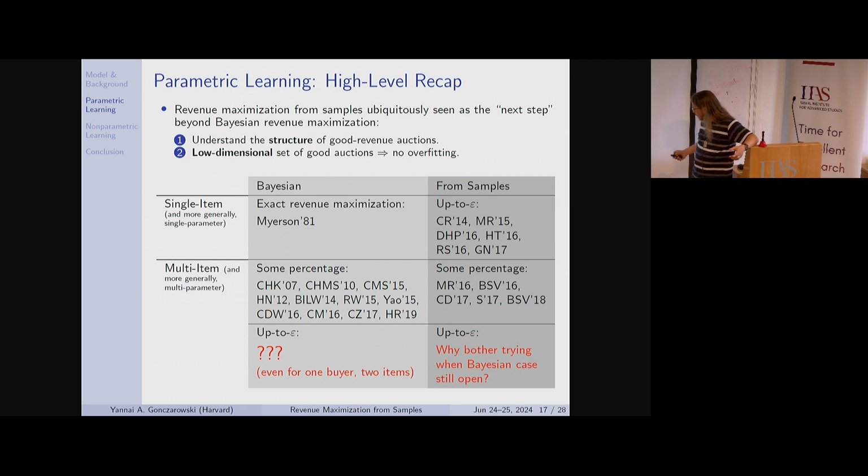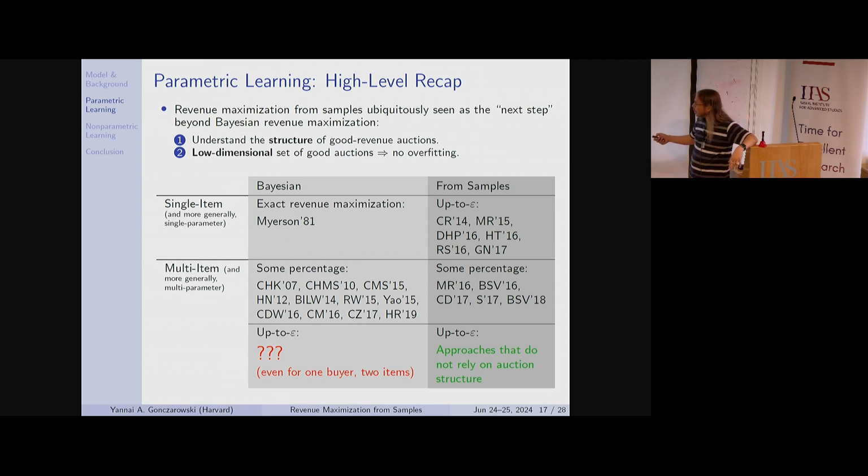And because we're stuck in the first step, what's the point of trying to complete the dance? What's the point of trying to solve the problem for samples when we don't know how to solve the Bayesian problem? And I finished by saying that if we would like to make some progress here, if that's possible, we would need approaches that do not rely on the auction structure. And that's what we're going to talk about today.